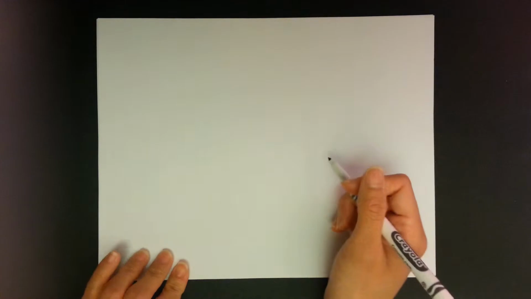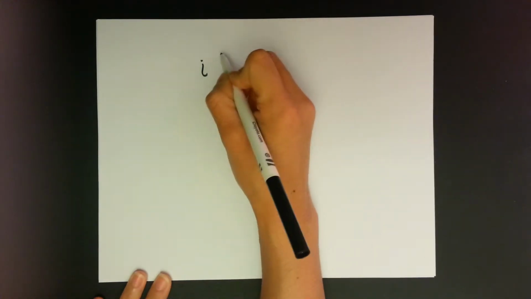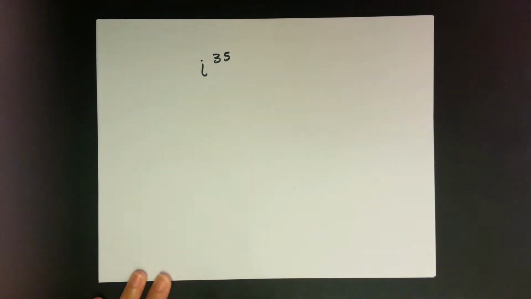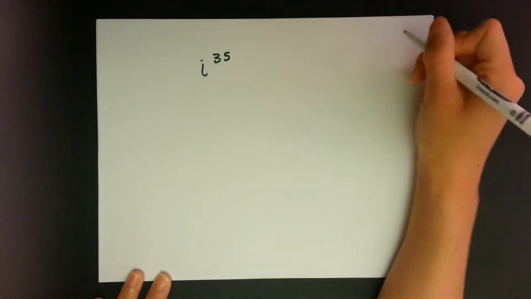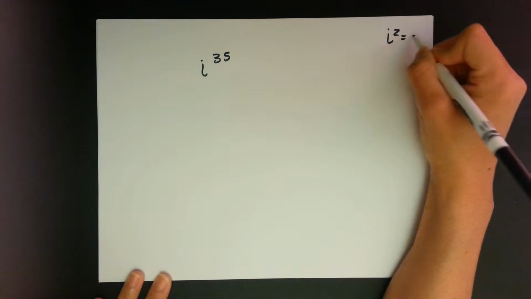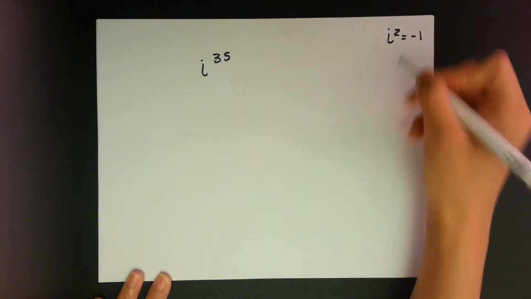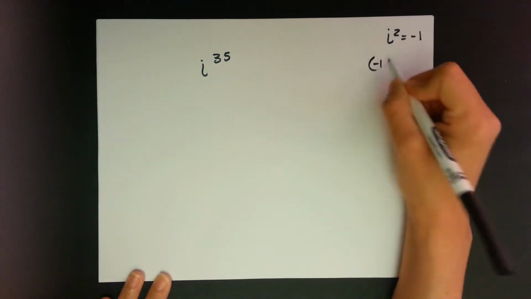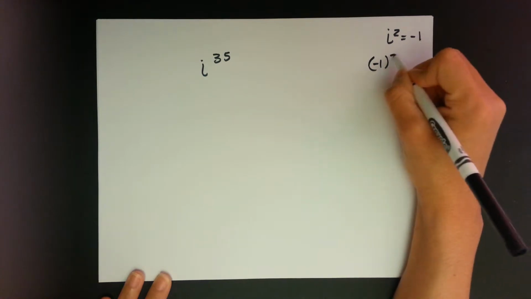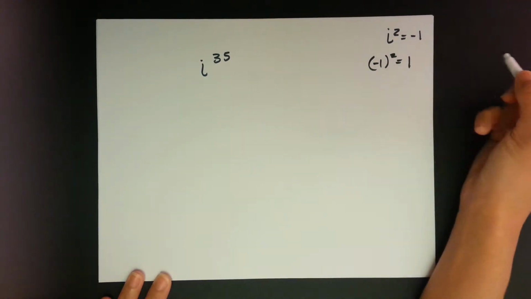Okay, another kind of problem that you'll see is actually seeing i expressed to some power. So let's try, I don't know, i to the 35. So here again, I want you to remember that i squared is -1. And recall that if you take -1 and you square it, you get a +1.